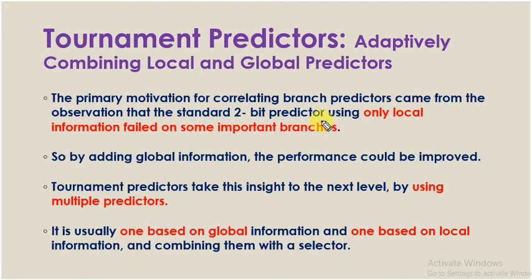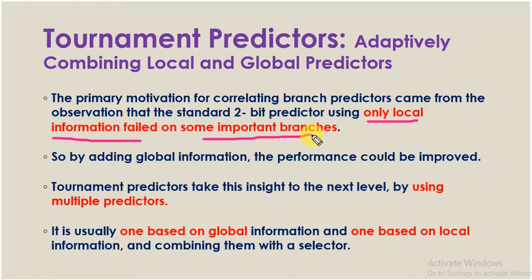The primary motivation for correlating branch predictors came from the observation that the 2-bit predictor uses only local information, and it failed on some important branches. That is based on experiment, or experience.